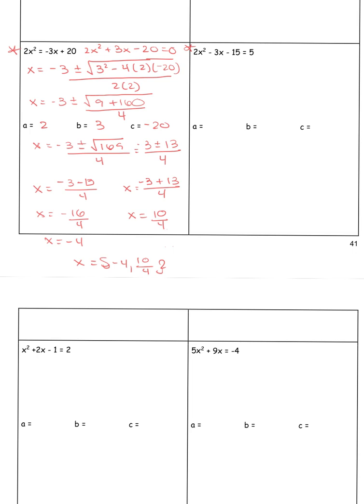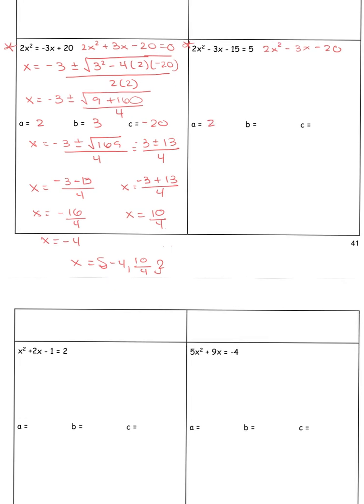All right, taking a look at the next example, we have 2x squared minus 3x minus 15 plus 5. So again, we are going to subtract 5 from both sides, so that gives us 2x squared minus 3x minus 20. All right, so we have a equals 2, b equals -3, and c equals -20.